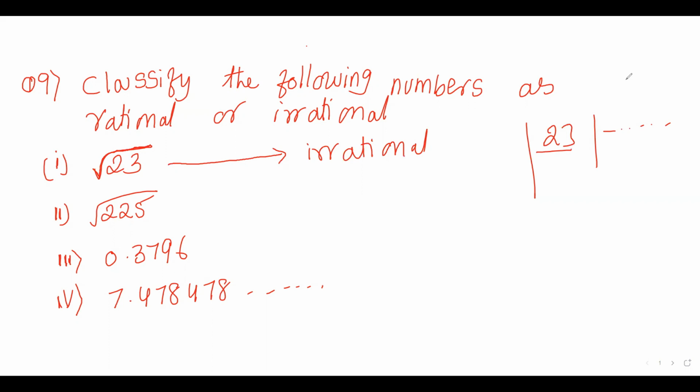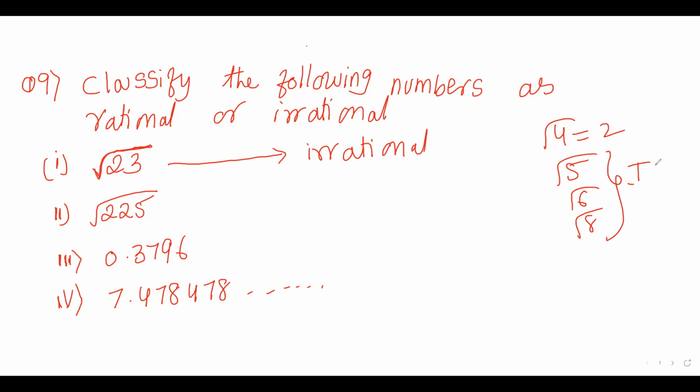So that's why all imperfect squares are irrational, whereas a perfect square is rational. It is in P by Q form. Root 16 is 4, so it is rational.